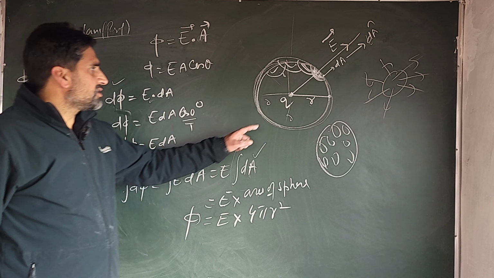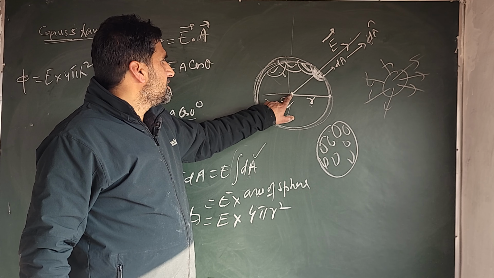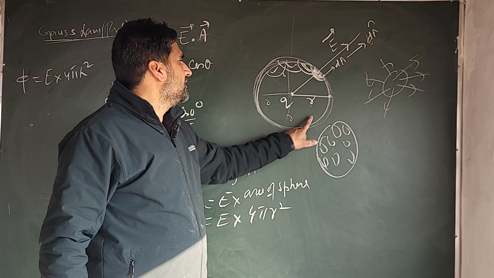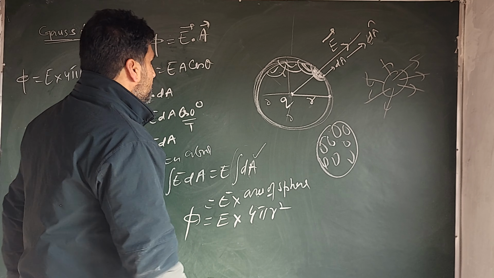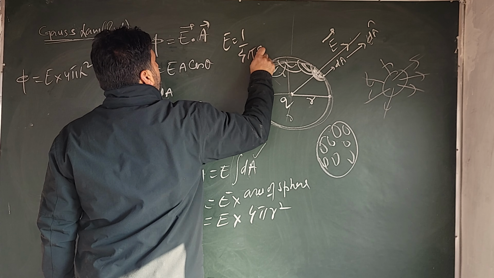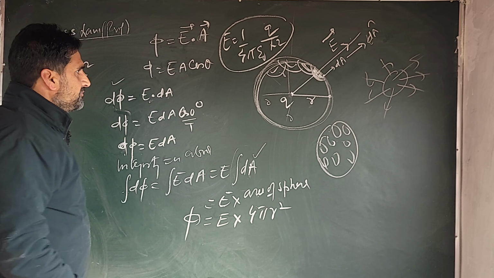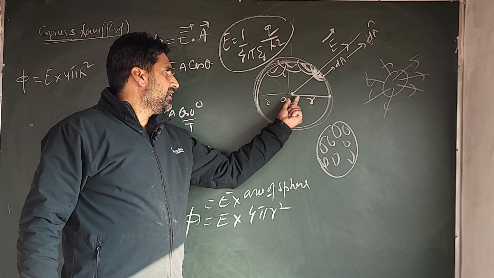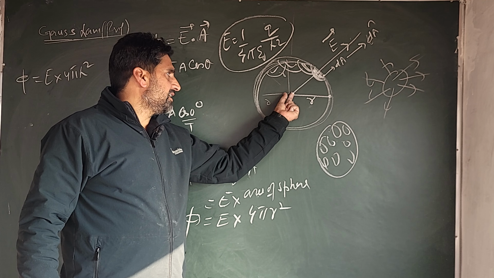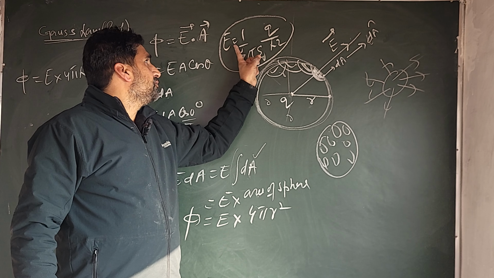Using Coulomb's law, we can state that for a point charge, the electric field at a distance r is given by E is equal to 1 over 4 pi epsilon naught times q over r squared. This sphere contains a charge q at the center, and the electric field at a distance r is the electric field due to a point charge.